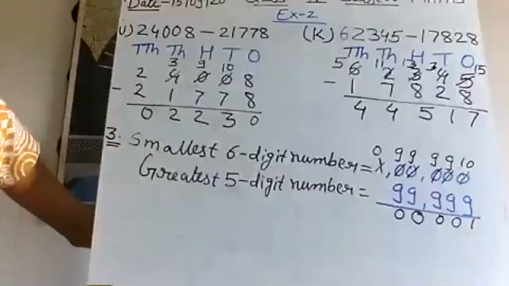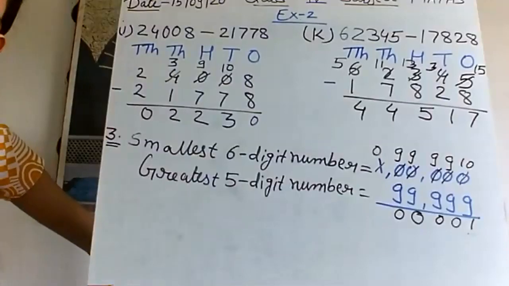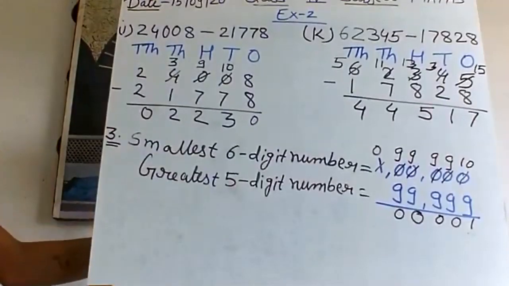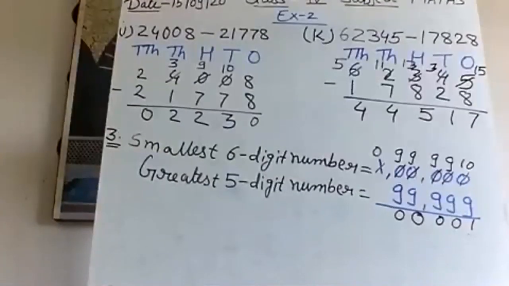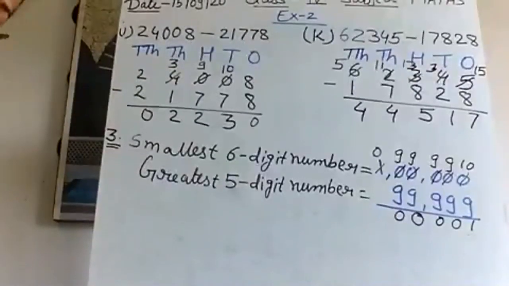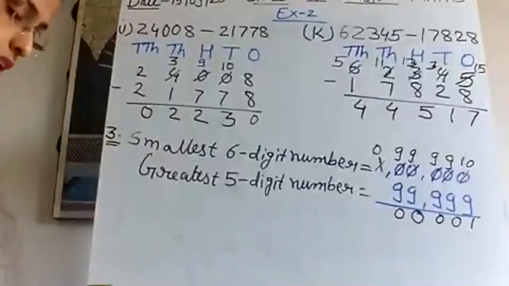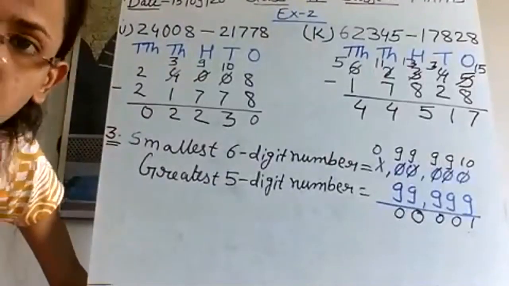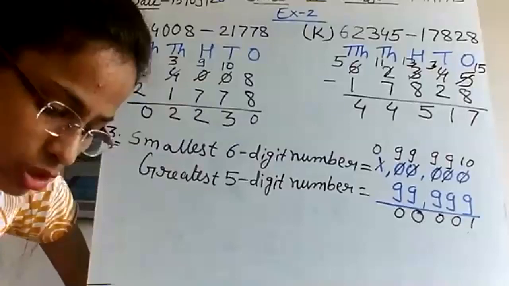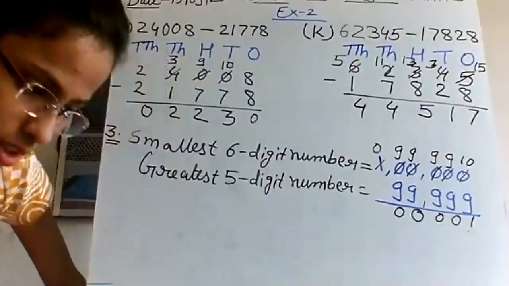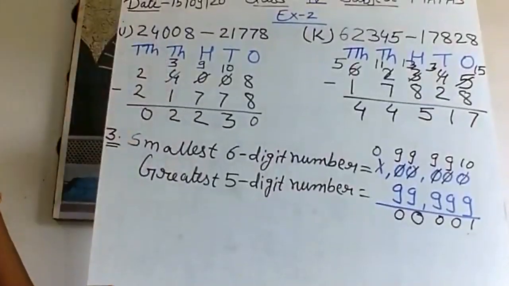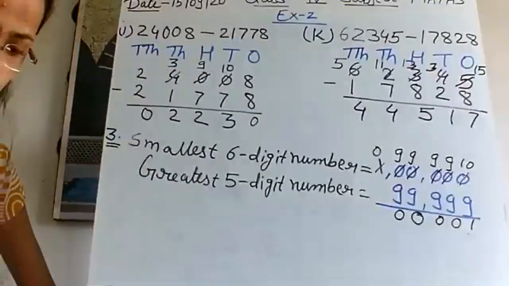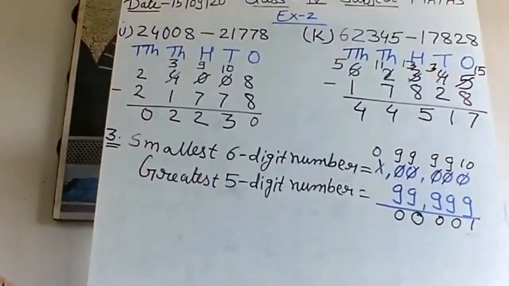Okay, so here our exercise 2 is complete. Now let's move to exercise 3. From a new page, give heading exercise 3. Till now we have done 5-digit subtraction. Now we will see 6-digit number subtraction, subtraction of larger numbers.